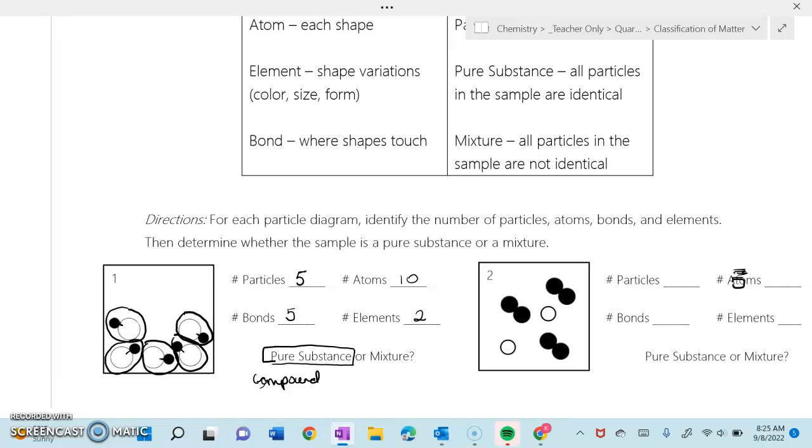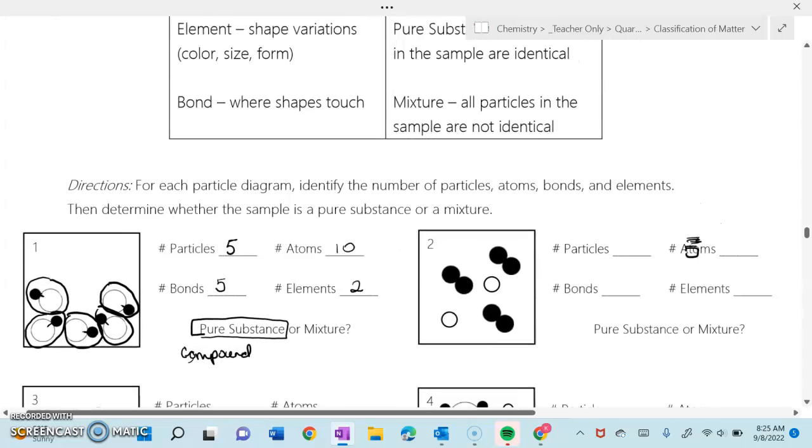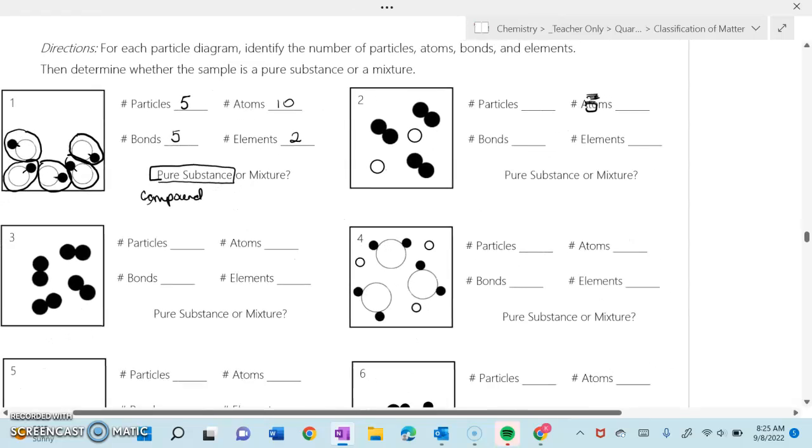If they were all black circle, then it would be element. We need to have all the same shape variation in order for it to be an element. Compounds can have different types of atoms bonded together in a set ratio as long as the particles are all identical.